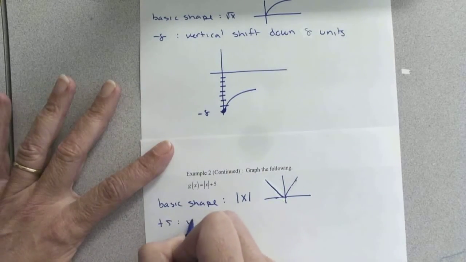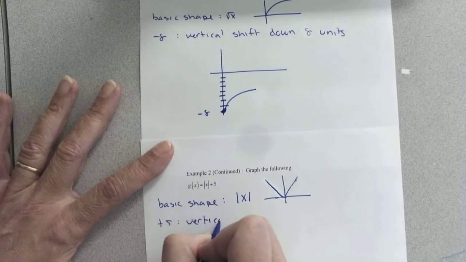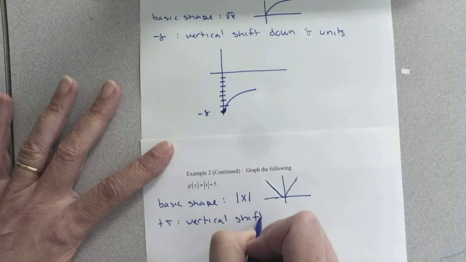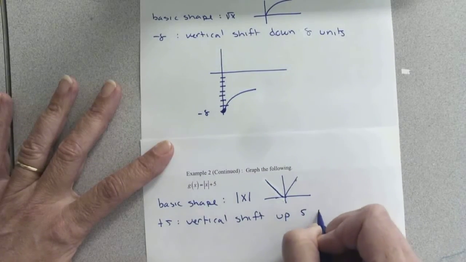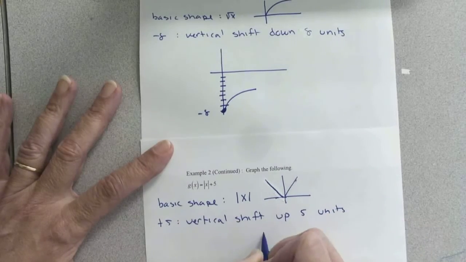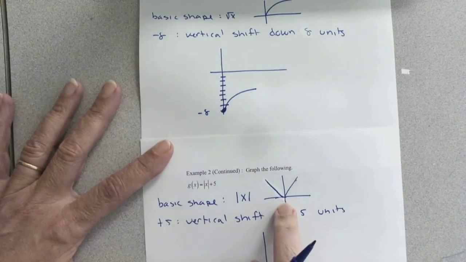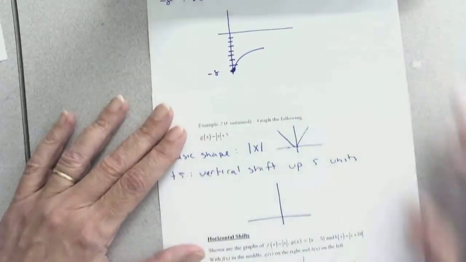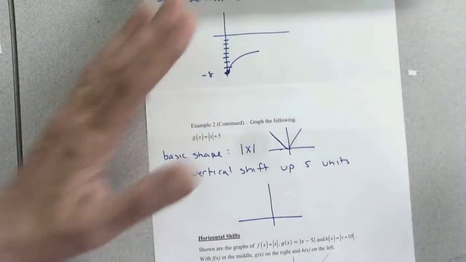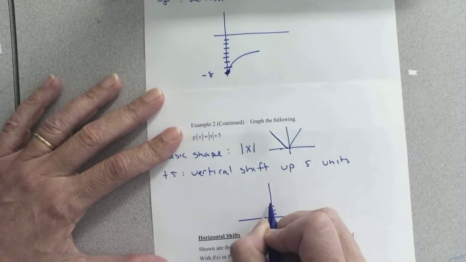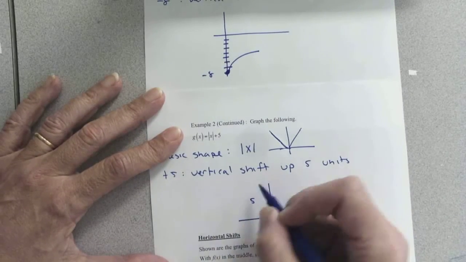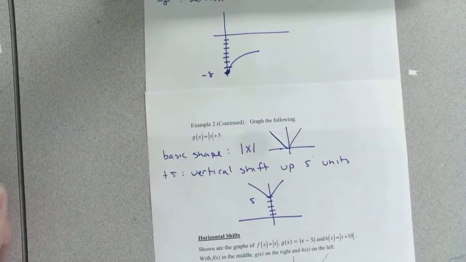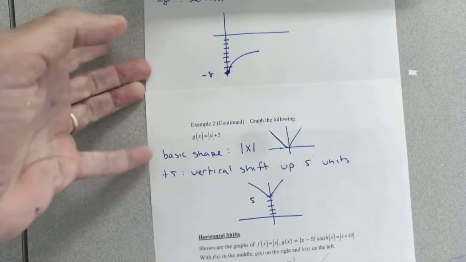The +5 is a vertical shift up 5 units. And I'm going to do the same basic thing. I'm going to take that origin point and just shift it up 5 units. 1, 2, 3, 4, 5. And then I'm going to draw out that same basic shape, and that's good enough. I am just looking for the broad strokes here.